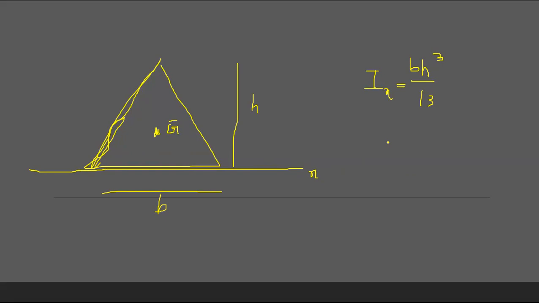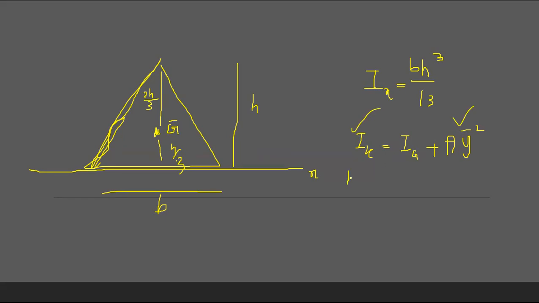How? For the centroid, this is h by 3, a 2 to 1 ratio, and this is 2h by 3. So this Ix, now you have to go in reverse in the parallel axis theorem. Now you know this one, and you have to find the centroid one.